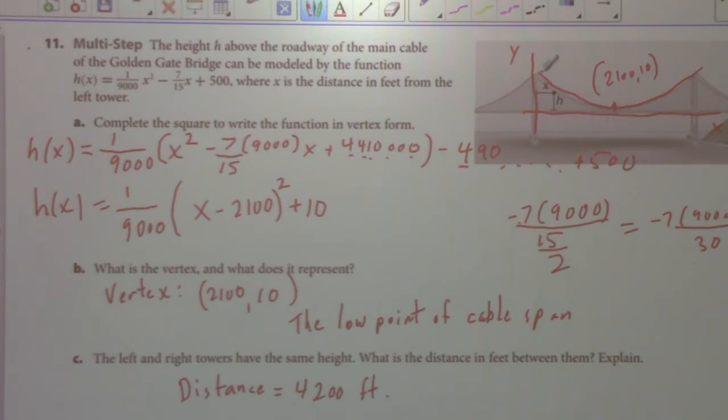Yeah, so it says 2,100 is over here, so you multiply by 2. So I'll just say multiply 2,100 by 2. So that's it.